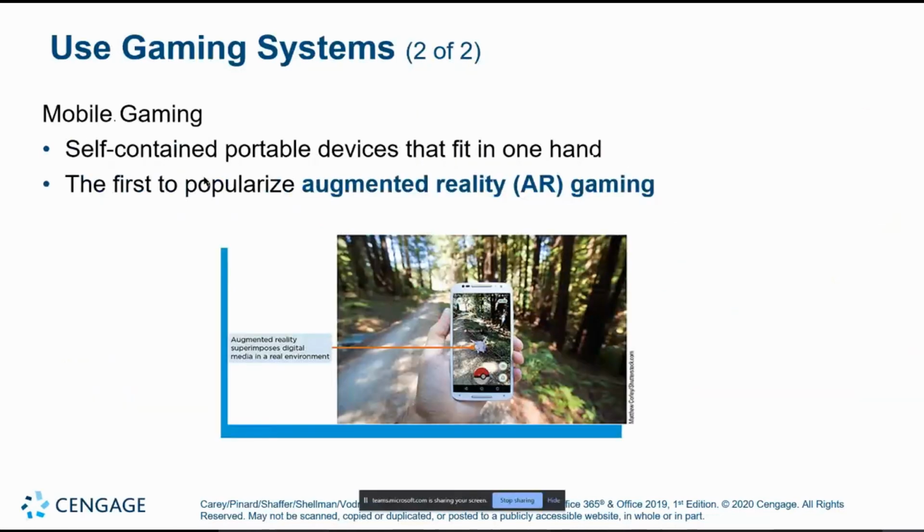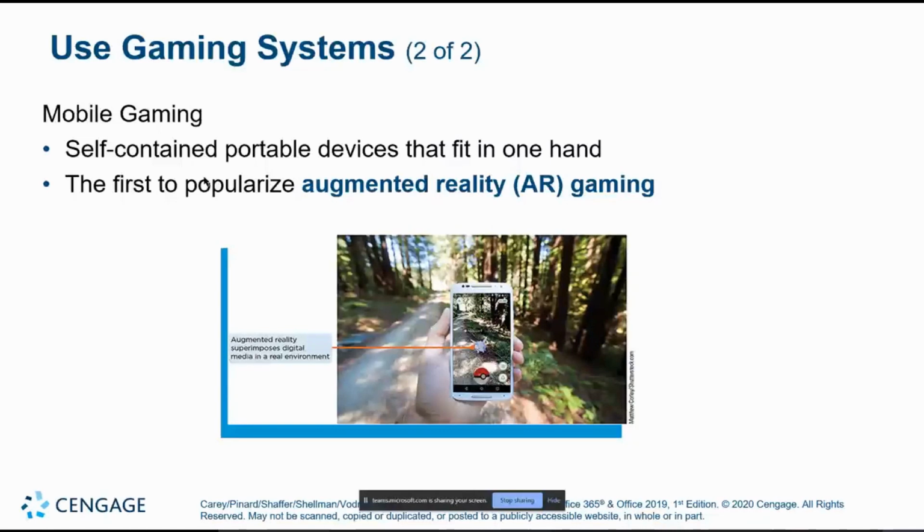On the other hand, I will take a second to talk about augmented reality. We have mentioned this before, but it was mobile devices that really popularized the use of augmented reality, especially through games like Pokemon Go. And just as a quick refresher, this takes a real world image through your phone's camera and superimposes images onto it.